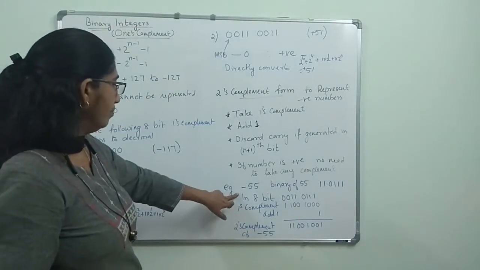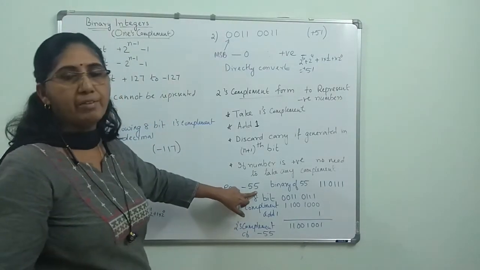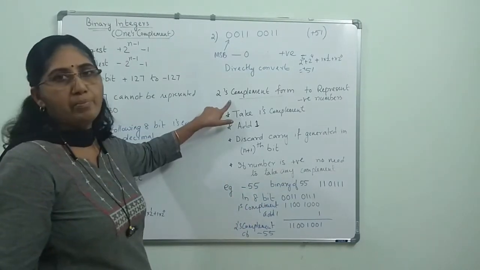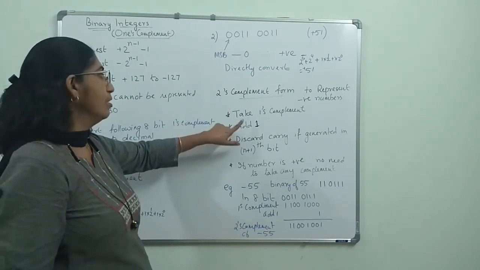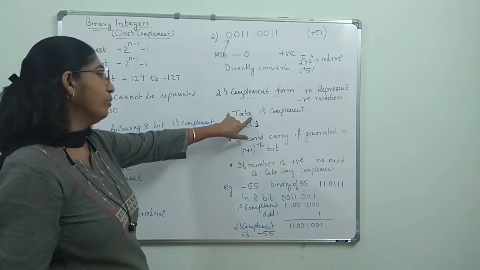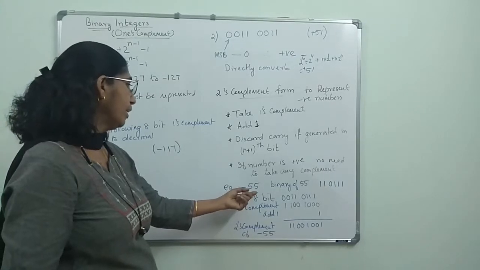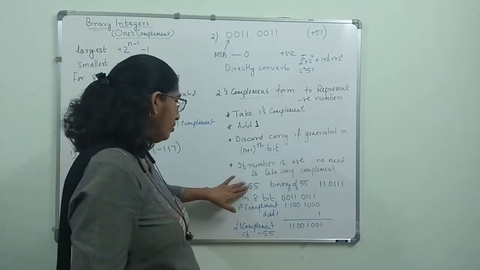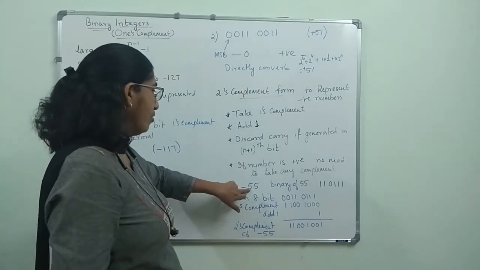An example: minus 55. We want to represent minus 55 in the 2's complement form. Let us see how to do it. First step is take 1's complement of that. Before taking 1's complement, you have to convert it into its binary form. Minus 55 means you have to find the binary for 55.